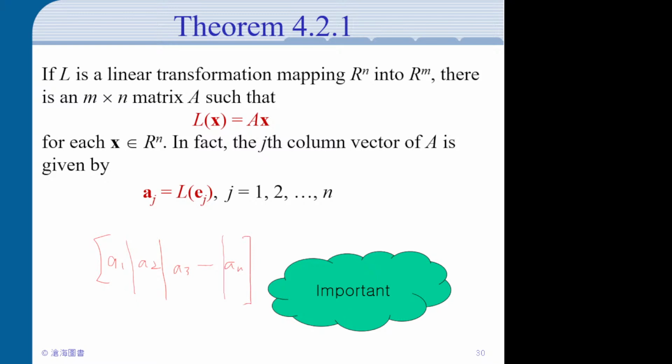Assume those are all column vectors. So those are the Aj, and they are just whatever L maps the Ej into. So remember, Ej is the standard basis element. It's 0, 0, 0, 0, 1, 0, and so on. And this is Ej, where the j-th element is 1 and all other entries are 0.